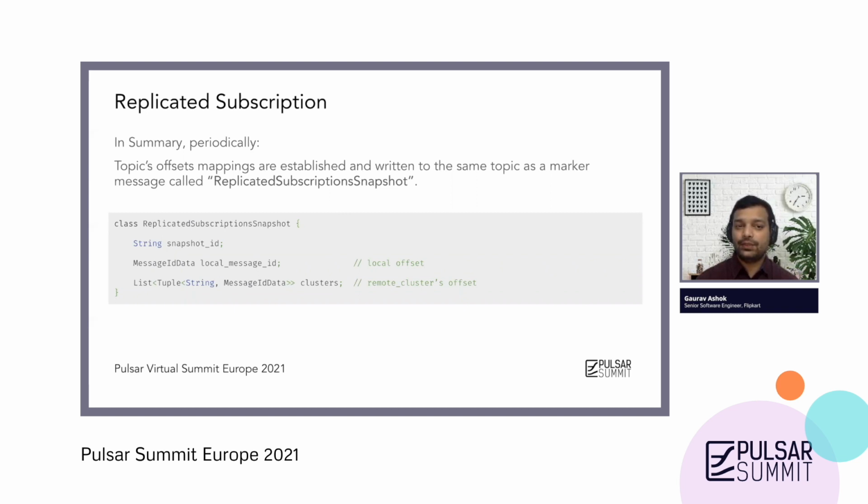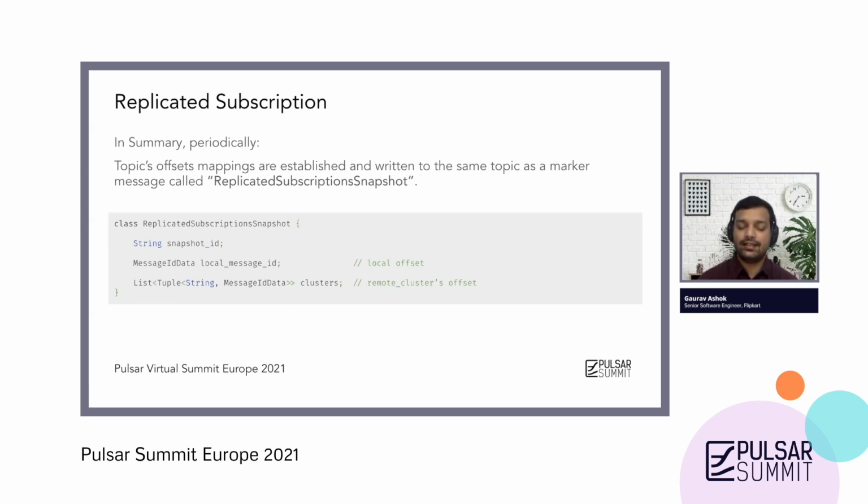Here, I will not go through it in detail, but I will mention the summary for clarity. So what happens is that periodically, the broker will try to establish the mappings between the topic's offsets across all the replicating clusters, right?